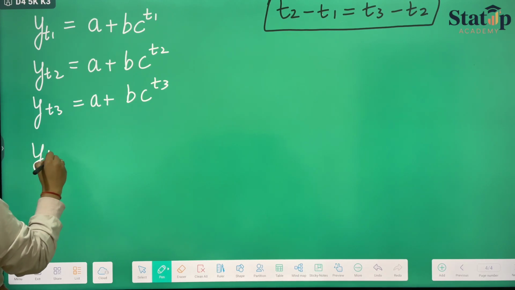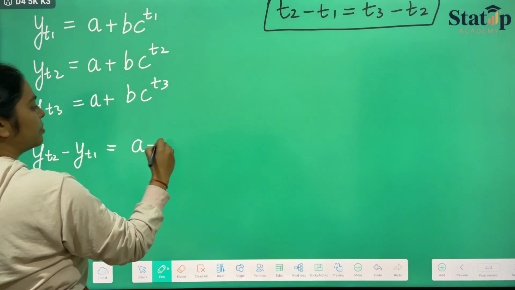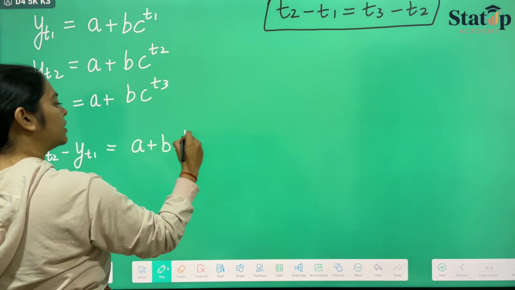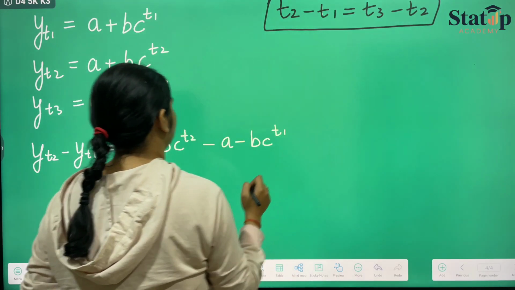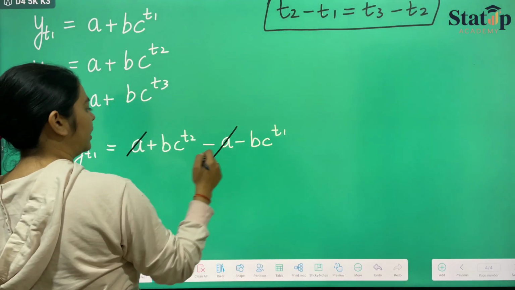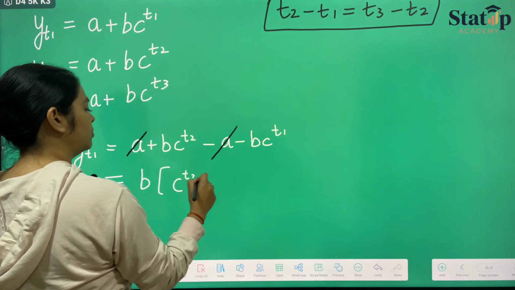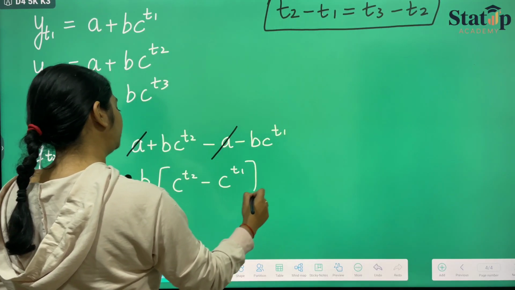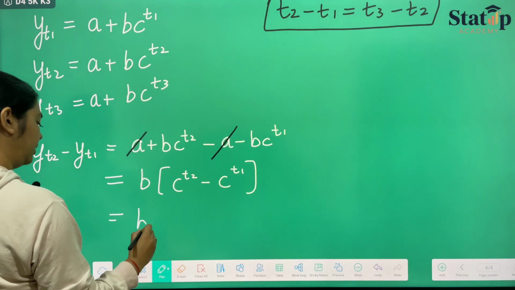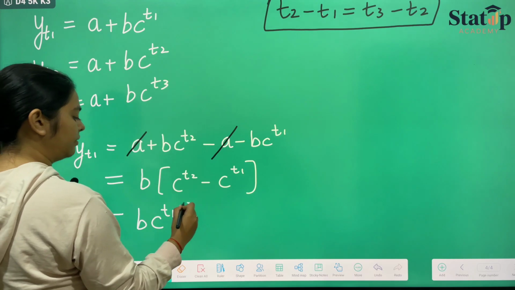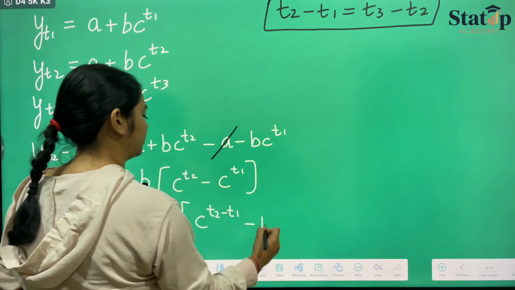First of all, we'll subtract yt2 minus yt1, which gives us a plus b c raised to t2 minus a minus b c raised to t1. This a and this a get cancelled, and we are left with b times the bracket c raised to t2 minus c raised to t1. Now we can also take c raised to t1 common. So b c raised to the power t1 we take common, and we are left with c raised to t2 minus t1, minus 1.